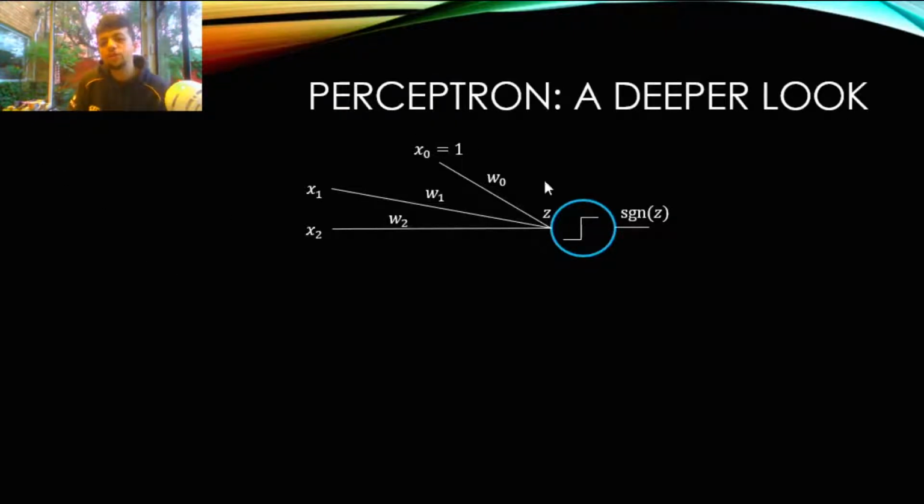Now, if I ask you what our Z would be in this case, Z is equal to W1 multiplied by x1 plus W2 multiplied by x2 plus W0.